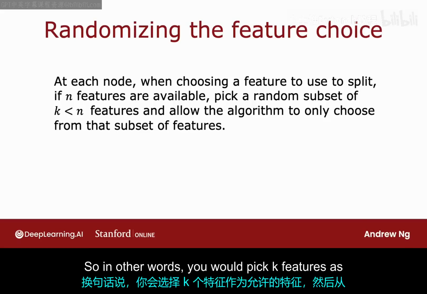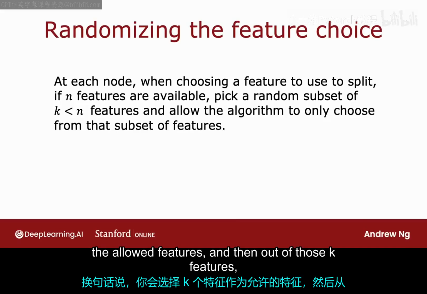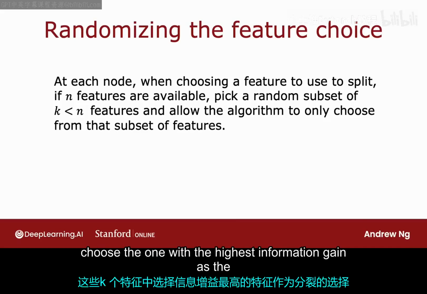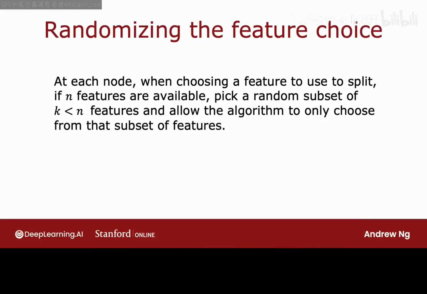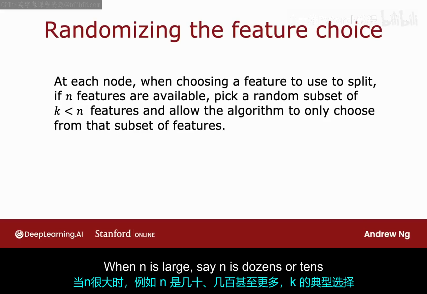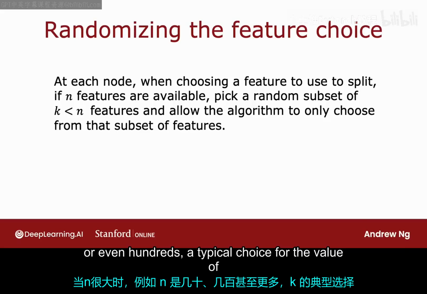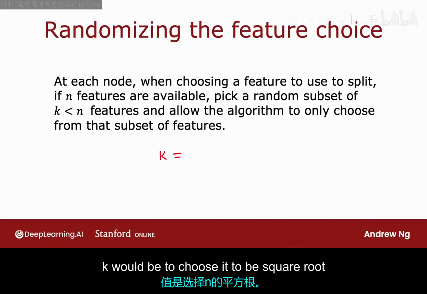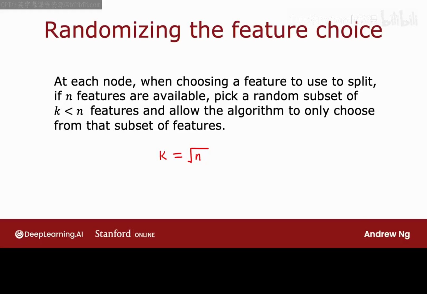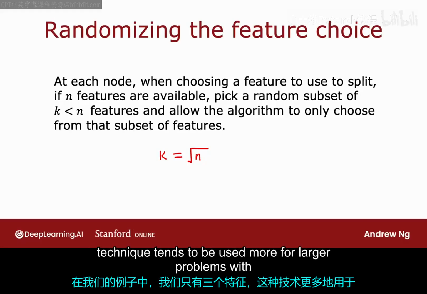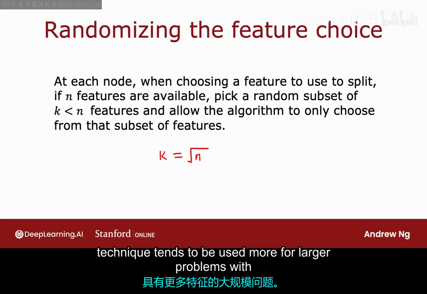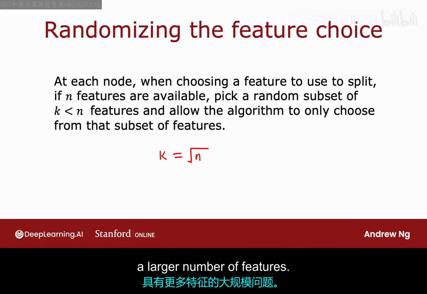So in other words, you would pick k features as the allowed features, and then out of those k features, choose the one with the highest information gain as the choice of feature to use to split. When n is large, say n is dozens or tens or even hundreds, a typical choice for the value of k would be to choose it to be square root of n. In our example, we had only 3 features, and this technique tends to be used more for larger problems with a larger number of features.